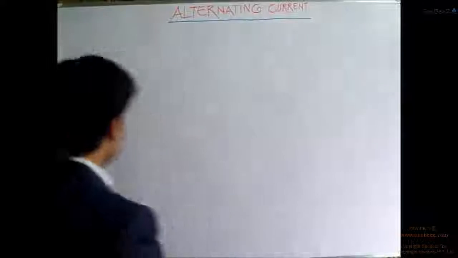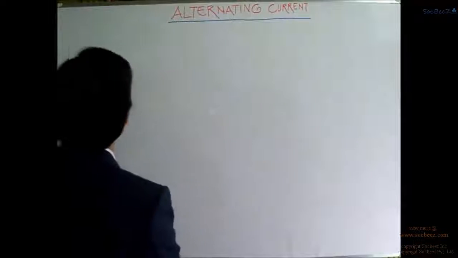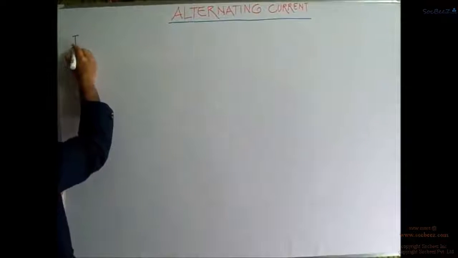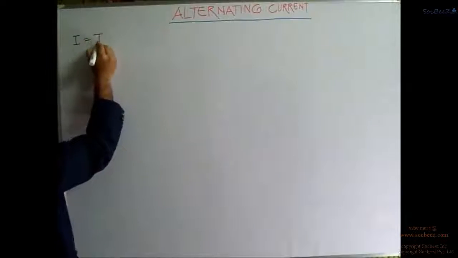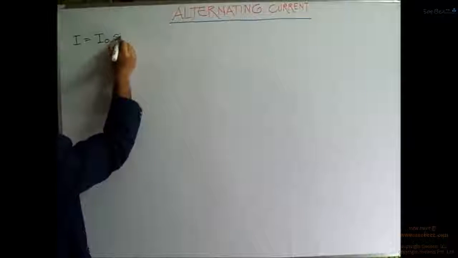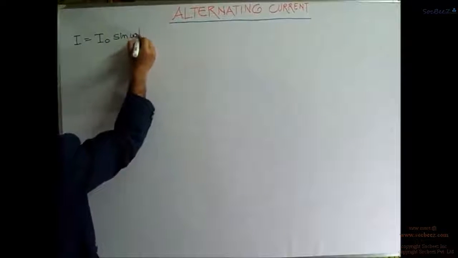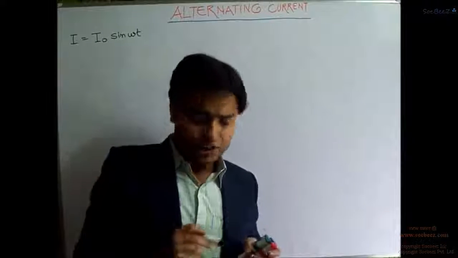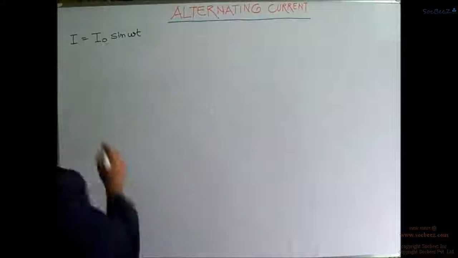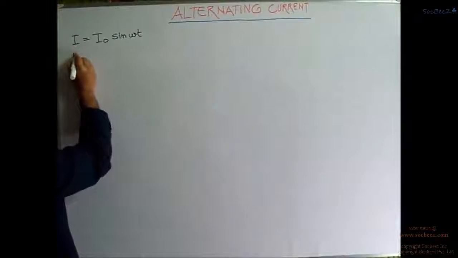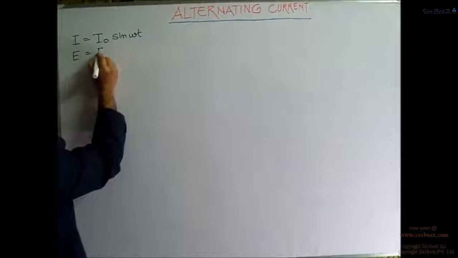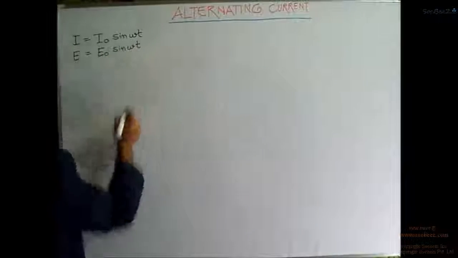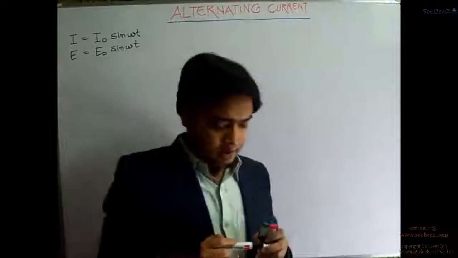So first of all, as we know, I is equal to I naught sine omega t. This was the basic equation, right? So we could write that E will be equal to E naught sine omega t, right?